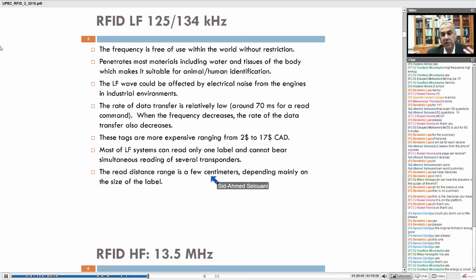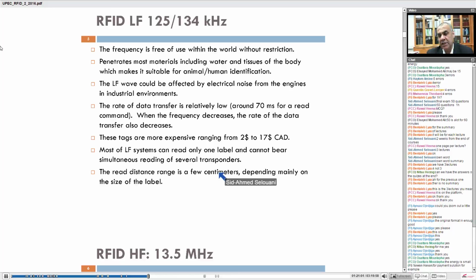So it's not recommended to have this information read from a far distance. It's useful because if we want this information about a soldier, about a human, we need near field. Near field means we have to be close to the person in order to read this information about them.